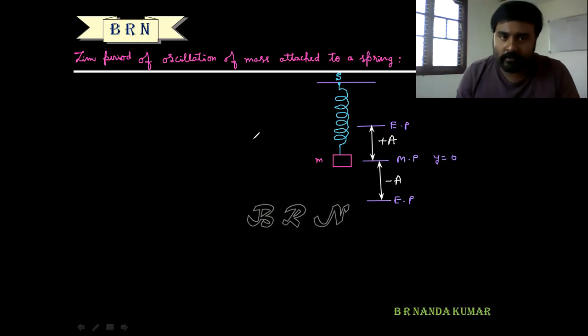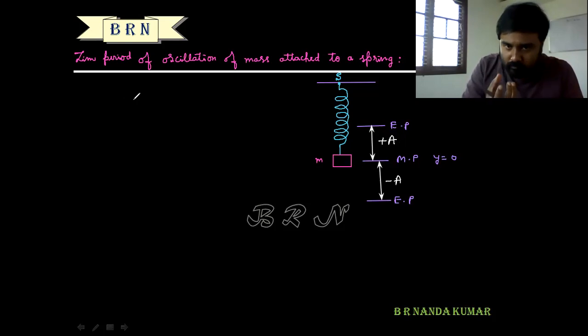So here we have to calculate the time taken by the block to complete one complete to and fro motion. When the block is slightly pulled down and released, it executes simple harmonic motion, because a restoring force is developed in the spring.